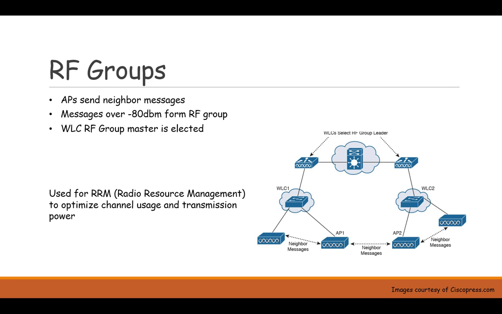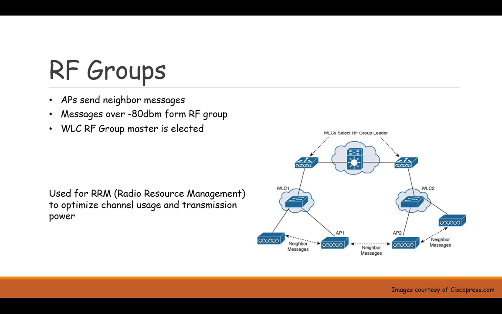However, you can imagine this could cause some problems if you have a design that ends up requiring more than one wireless controller. This is where RF groups come in. Access points send neighbor messages all the time. When an access point hears a neighbor message that it registers at least minus 80 dBm, where dBm is just the unit of measure for wireless signal, then a neighbor relationship is formed as long as the wireless controllers have the same group password configured.